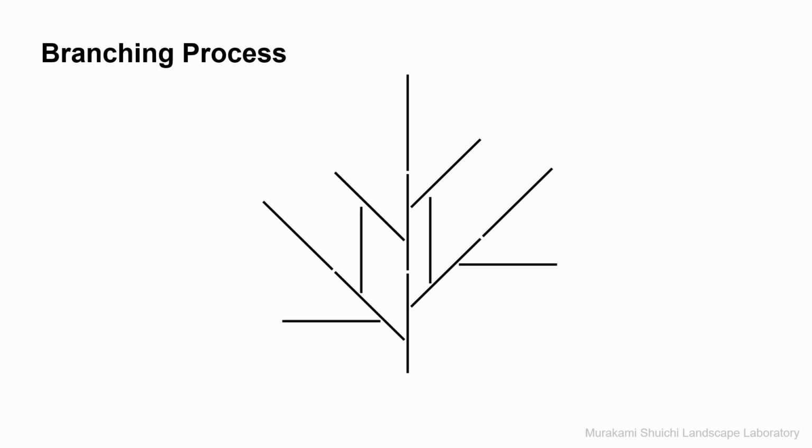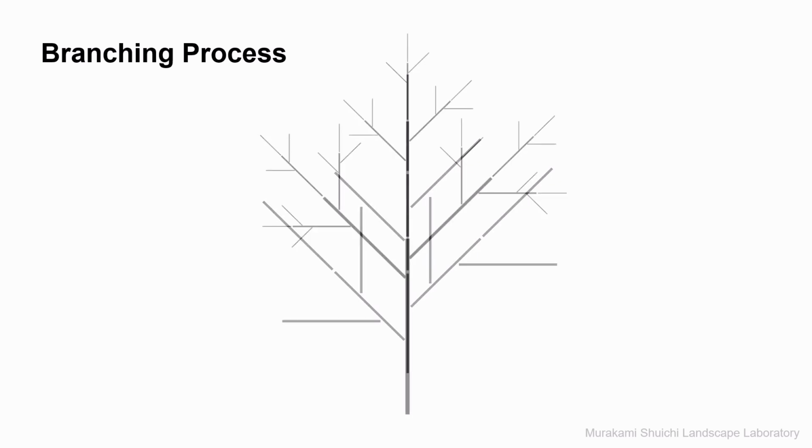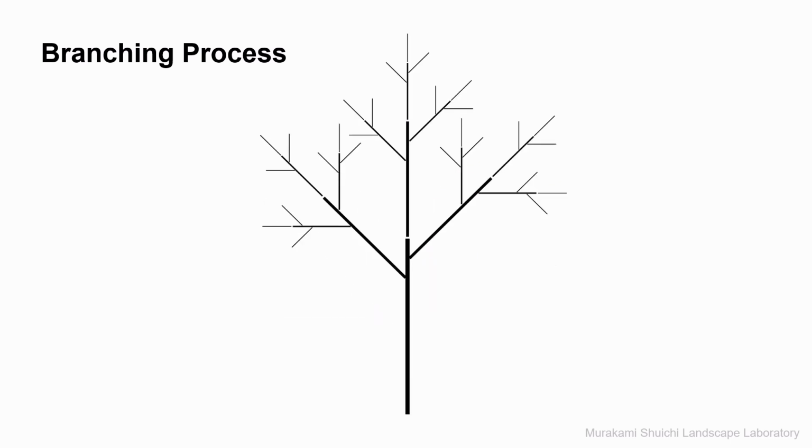Note that this simplified diagram does not reflect the continued growth of the older branches, which is why it looks different from the photograph of the tree we saw earlier. If you increase the thickness and the length of the older branches at each stage, the diagram will begin to resemble that photograph.